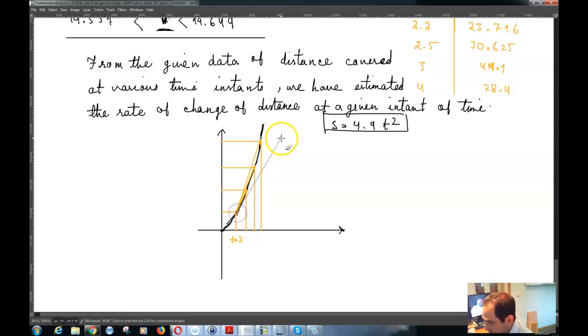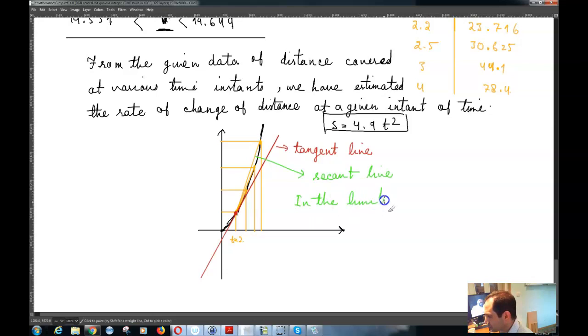Then this line becomes some line like this, which just touches the curve at this point, and this is called the tangent line. Any of these other lines over here is called a secant line. And this is called the limiting process.